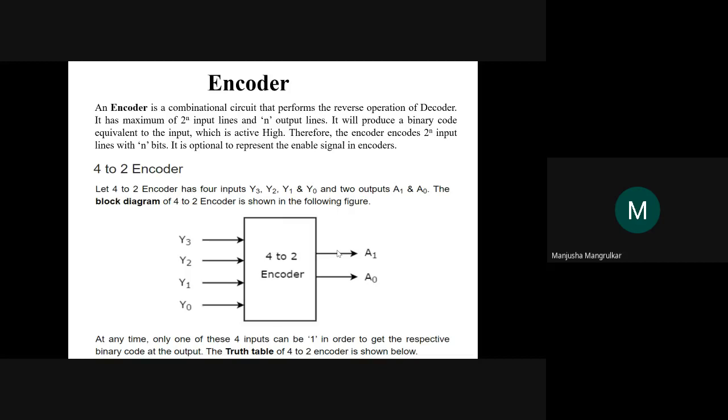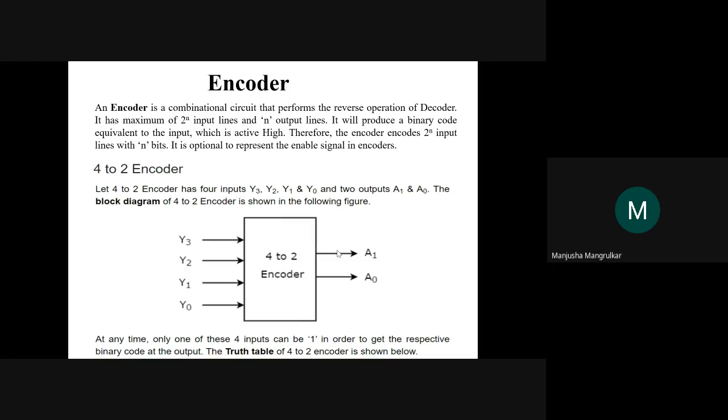It provides the binary code equivalent to the input which is active high, and therefore the encoder encodes 2^n input lines with n bits.